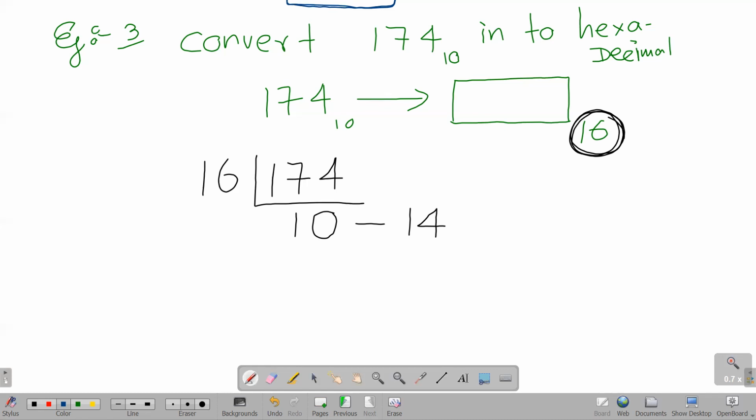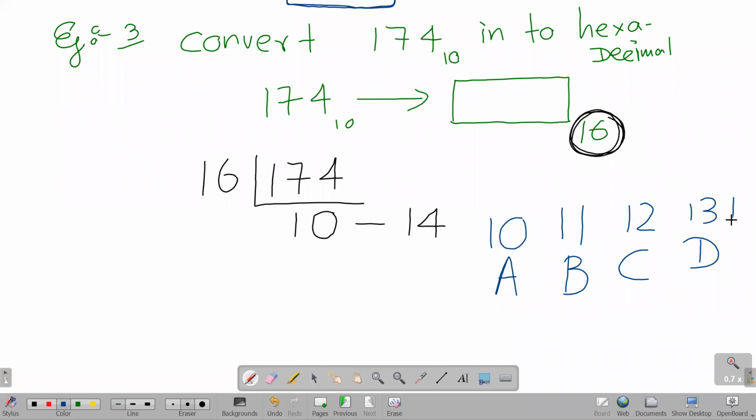Instead of that, for 10 they use capital A, for 11 B, for 12 C, for 13 D, for 14 E, and for 15 F.